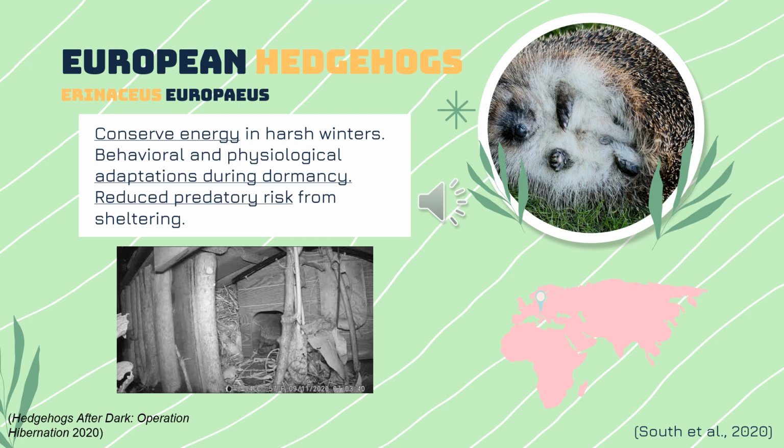Hibernation enables hedgehogs to conserve energy through mechanisms such as lowered metabolic rate and induction of torpor, minimizing energy expenditure during periods of scarcity. Remaining dormant in sheltered locations helps hedgehogs reduce exposure to predation risks, enhancing their chances of survival. Moreover, hibernation may play a role in enhancing reproductive success by allowing hedgehogs to allocate energy resources towards breeding efforts during the appropriate season.